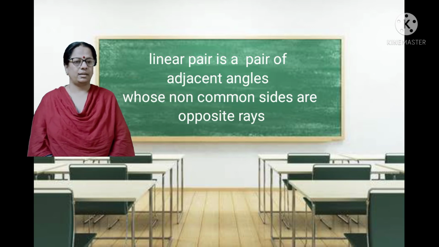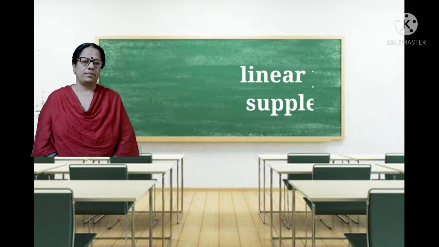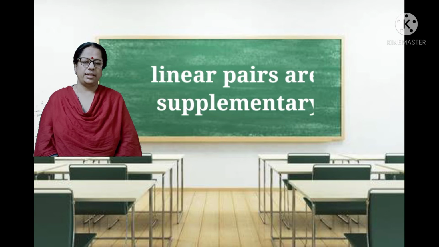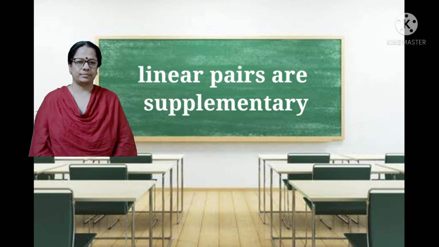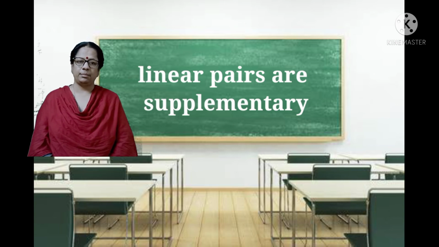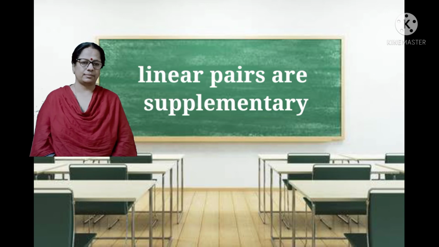After doing some examples, we can say that linear pairs are supplementary. That is, the sum of the 2 angles makes 180. Pair means there exist 2 angles.